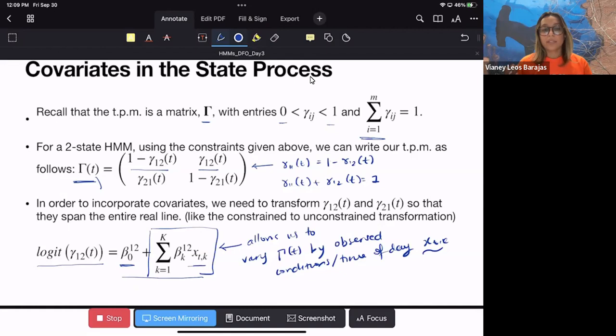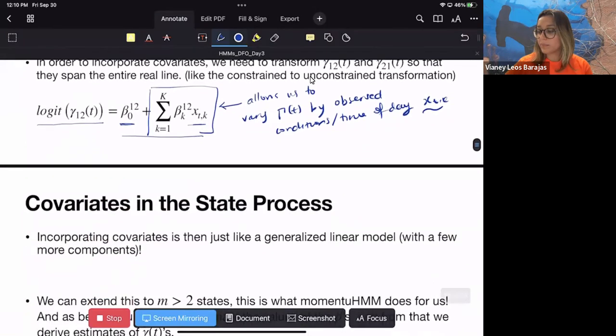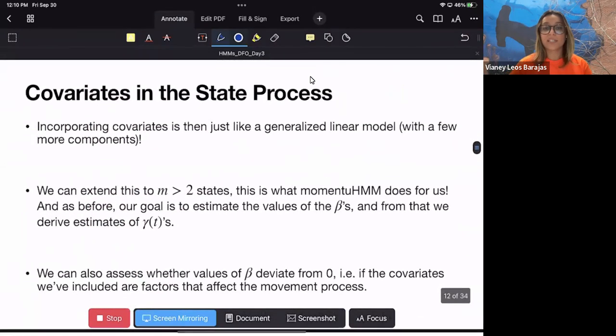So in this way, we're back to a sort of linear regression framework, which is really just like a generalized linear model, or we can think about it like a logistic regression. So we're doing a logistic regression in a 2-state hidden Markov model to understand how the state process, the state switching dynamics, vary across time.